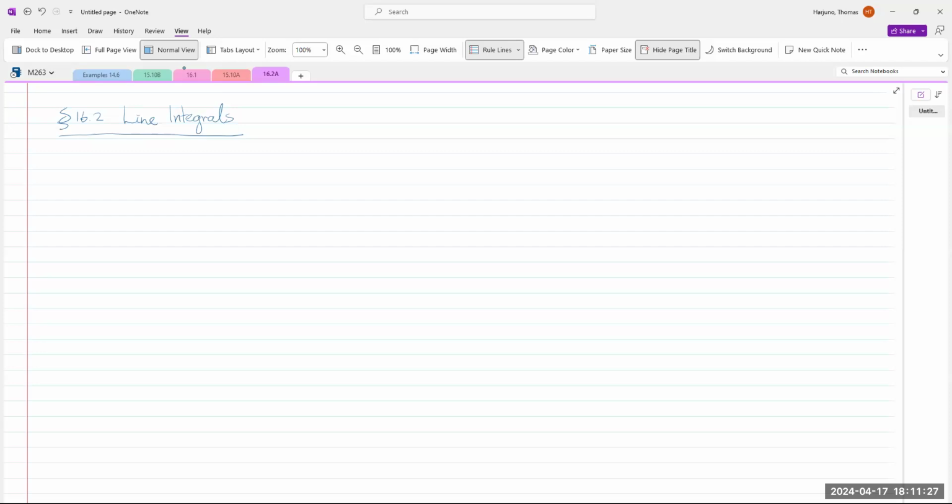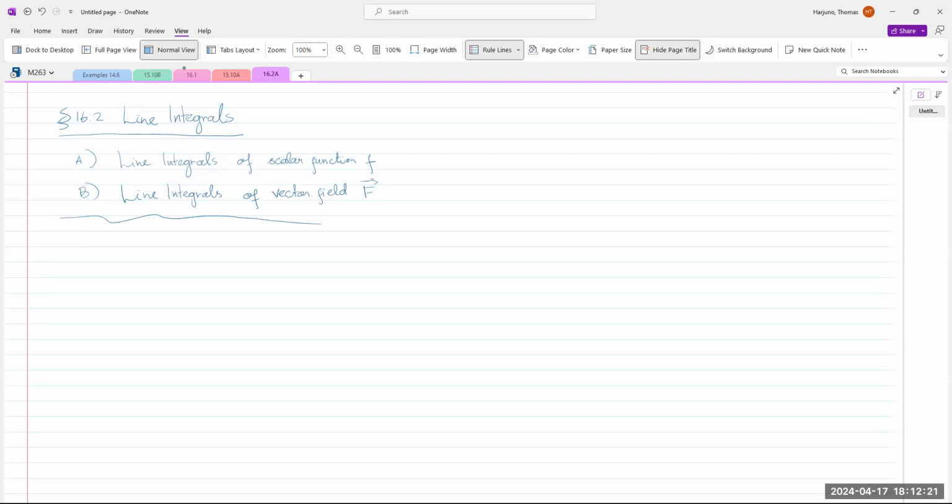This section will consist of two big parts. The first part is on line integrals of scalar function f, and the second part is line integrals of vector field F. What I will cover now is line integrals over scalar function f.